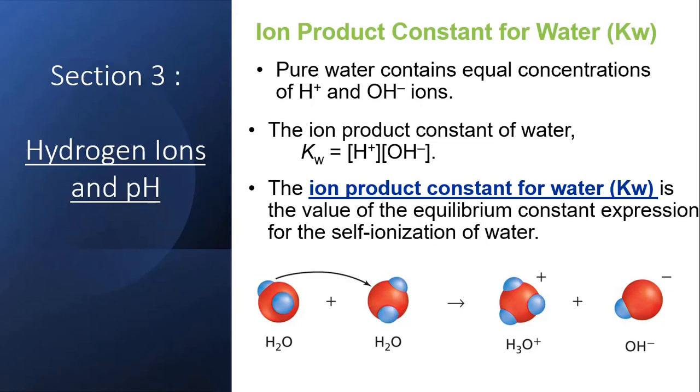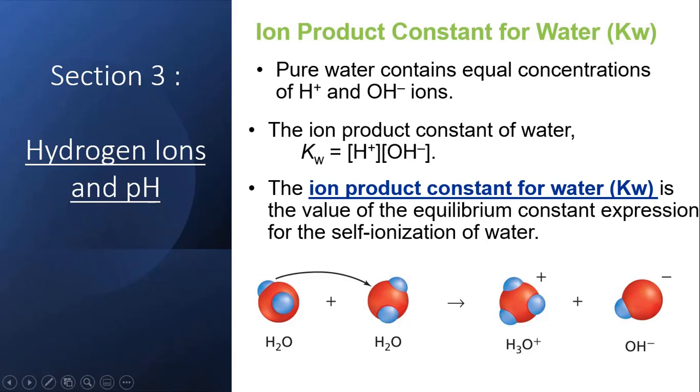The ion product constant of water, which is Kw, equals the concentration of hydrogen ion multiplied by the concentration of hydroxide ion, the concentration of H positive multiplied by the concentration of OH negative, which is described in the self-ionization of water.